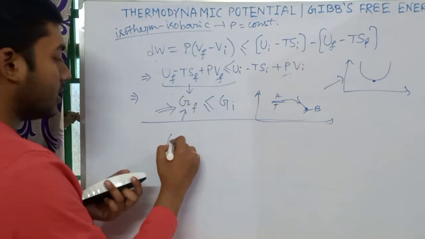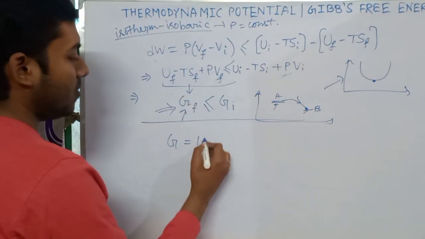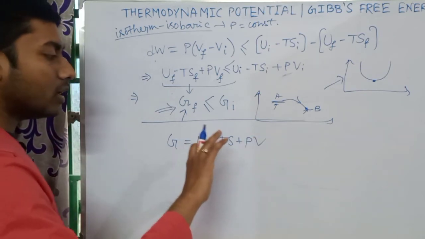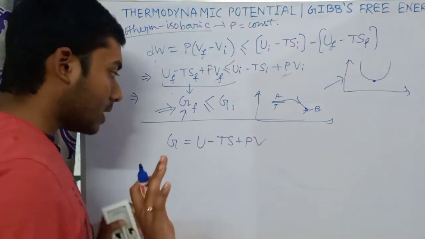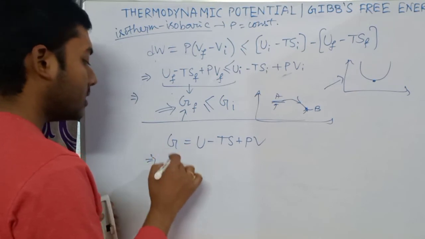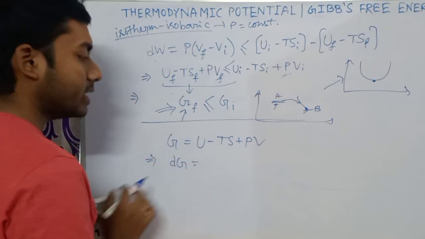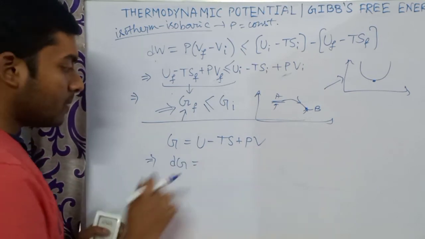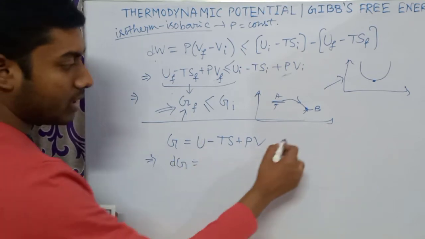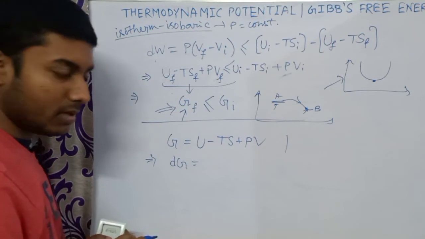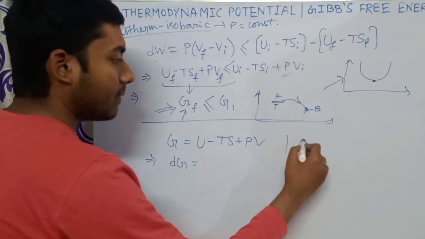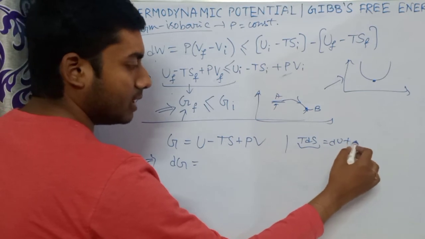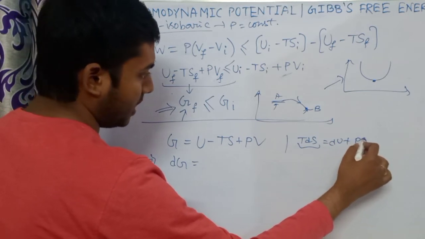Okay, now this G is equal to U minus TS plus PV. From here you can do many mathematical problems. How? Take the derivative: dG is equal to dU minus d(TS) plus d(PV). Then dU is equal to what? From the first law of thermodynamics, TdS, that is dQ, is equal to dU plus dW or PdV.